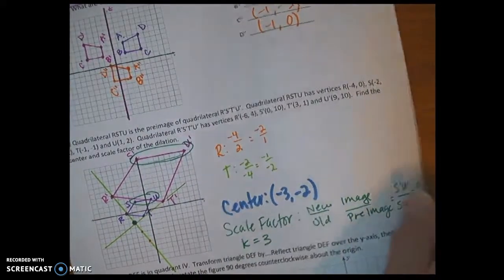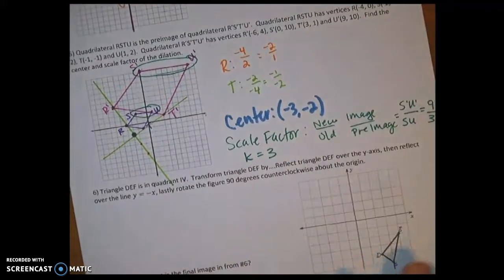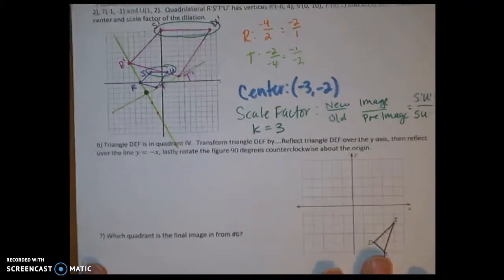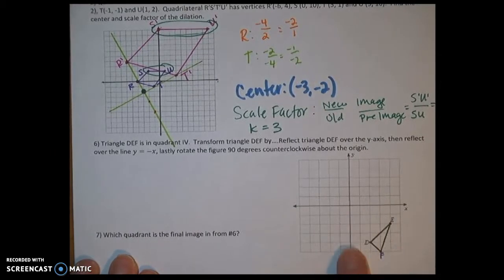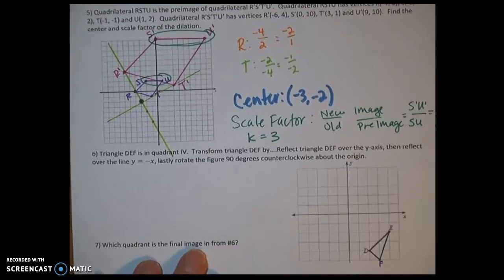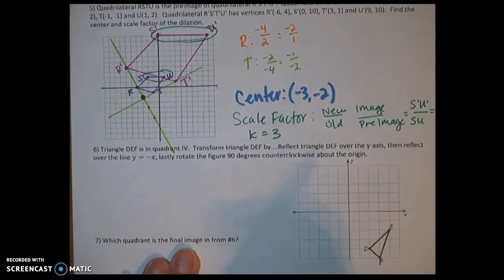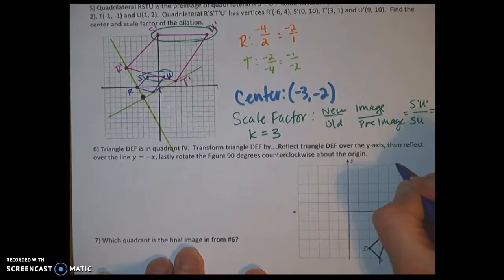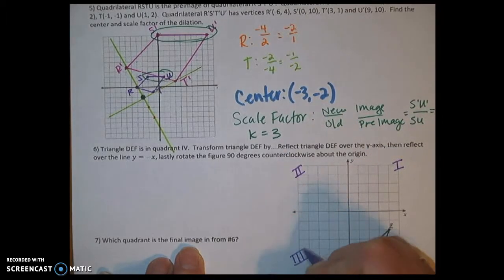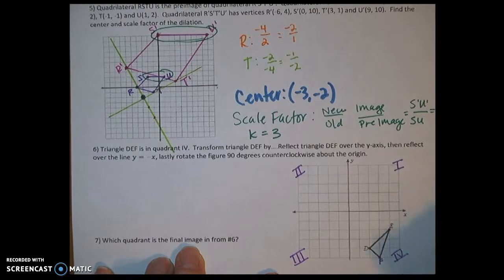Okay, so the last one on this page, if we look on this page, we've got number 6, and on number 6 we have a triangle that is over here in quadrant 4. Remember that I told you you have to know what the quadrants are for this test. Remember, this right here is quadrant 1, this is quadrant 2, this is quadrant 3, and down here is quadrant 4.